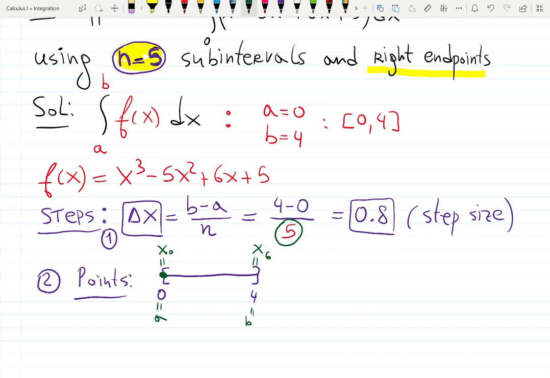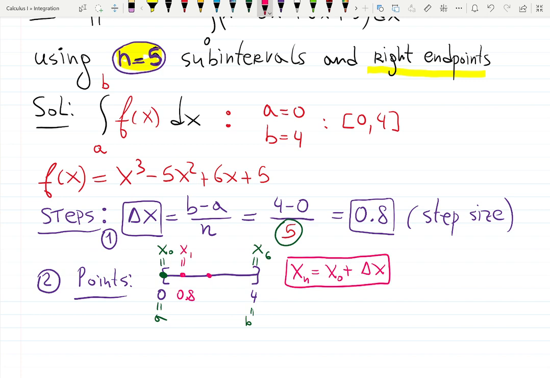So the next point will be here. It's 0 plus 0.8, 0 plus 0.8. You do a plus delta x. That's how you calculate a new point. X sub n is x sub 0 plus the step size, right? So the next point, we're going to call it x sub 1.